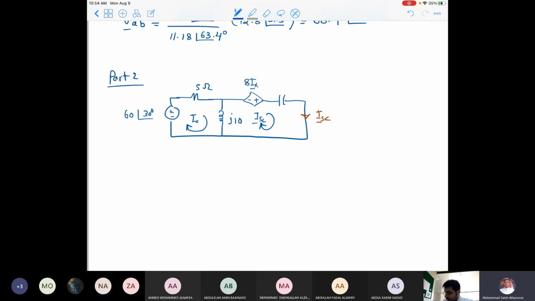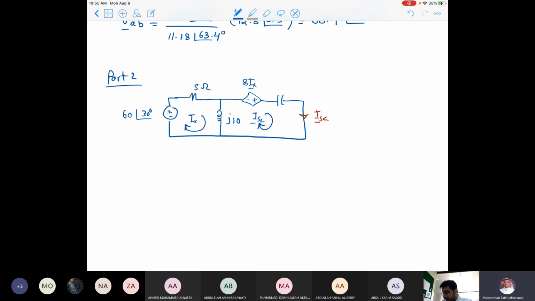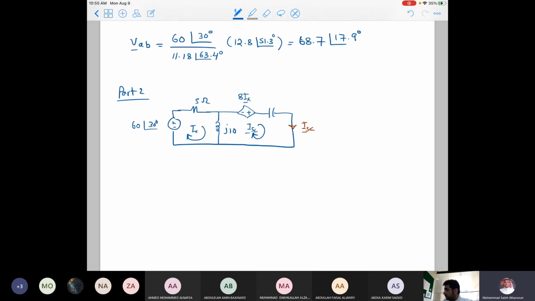The reason for that is it happens that Ix is one of the mesh currents, so I don't need a separate equation for that. So this simplifies the problem. Otherwise, I might end up with 3 equations, so I need to do some substitution in order to reduce it to 2 equations. So let's apply the mesh current method.